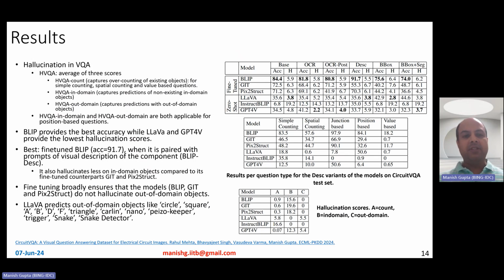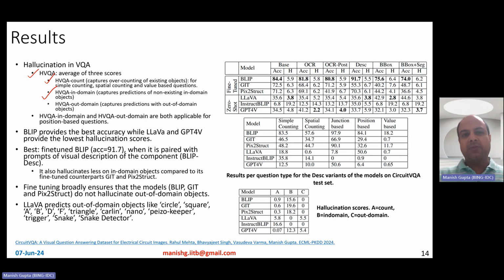Before I get into results, let me just talk about our new hallucination metric. Our HVQA metric is a combination of 3 different HVQA scores, hallucination for VQA scores. First, we care about hallucination in terms of count. So it captures overcounting of existing objects. It is applicable for simple counting, spatial counting, and value-based questions. HVQA in-domain captures predictions of non-existing in-domain objects.